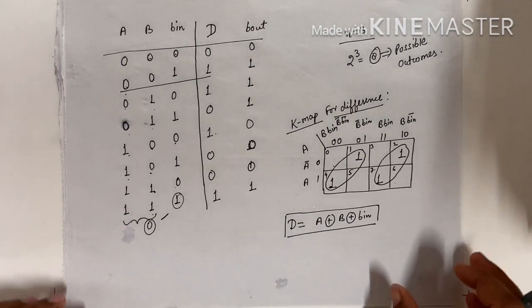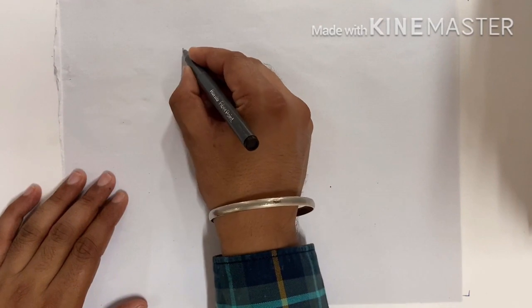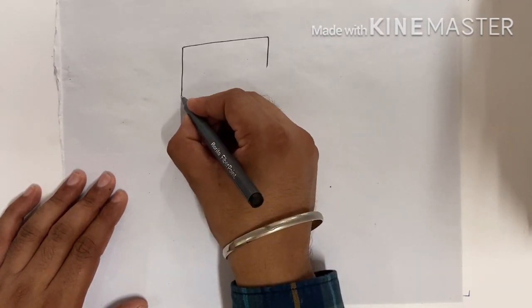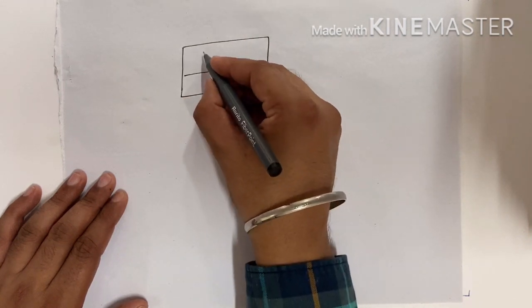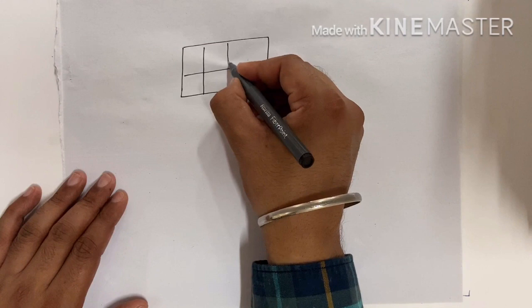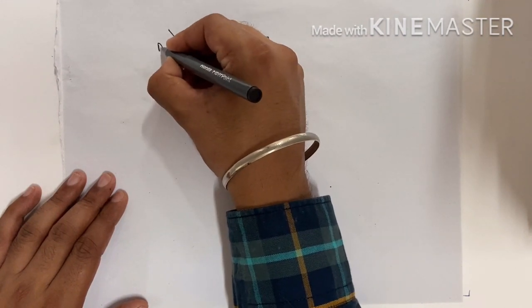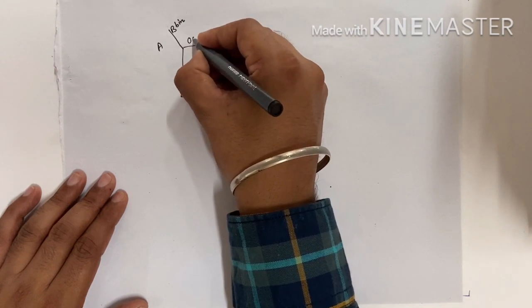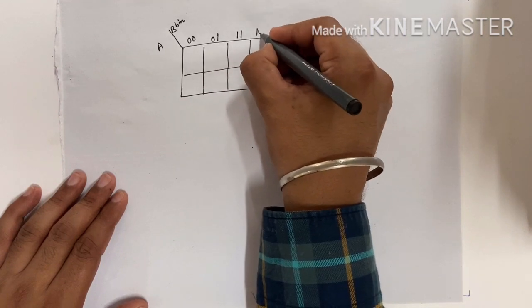Now we can develop a K-map for the B output condition. So for the B output condition we can develop the K-map here. Suppose this is the K-map. Here we write A and here we write B and B input: 00, 01, 11, 10.